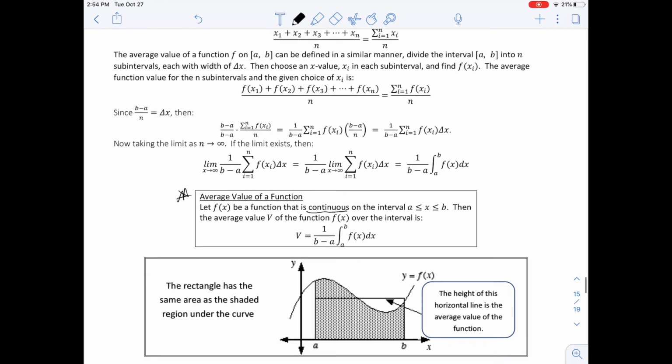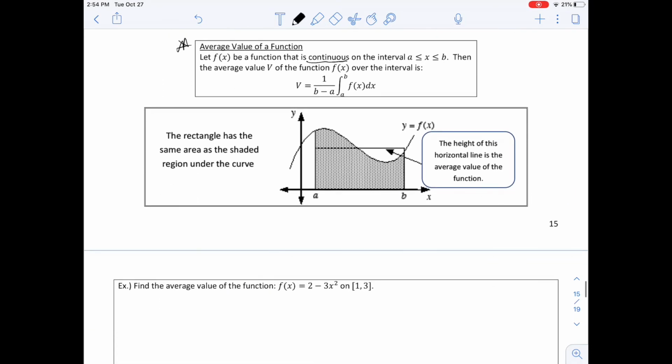There is a graph of what we are talking about right below. This says the rectangle has the same area as the shaded region under the curve. So this is found by the height of the horizontal line is the average value of the function, which is what we are calculating.